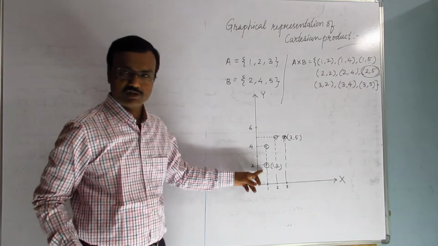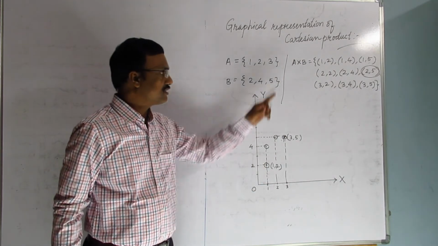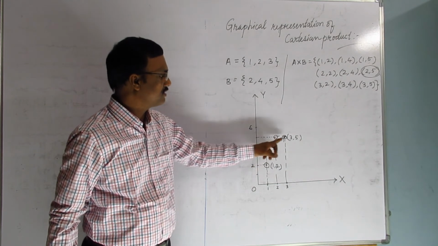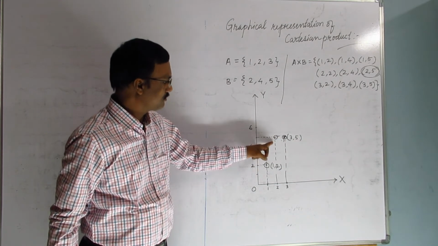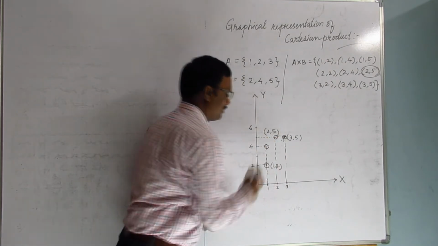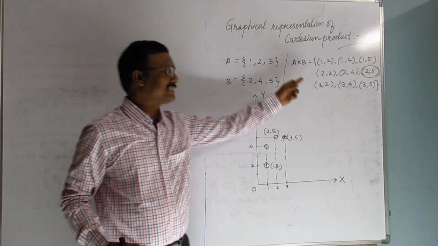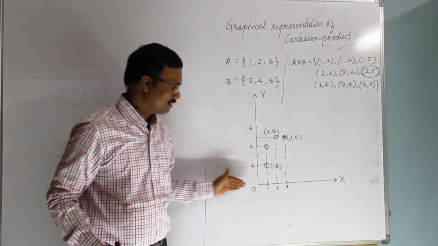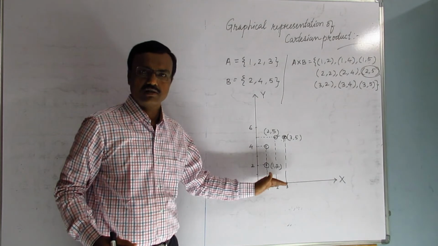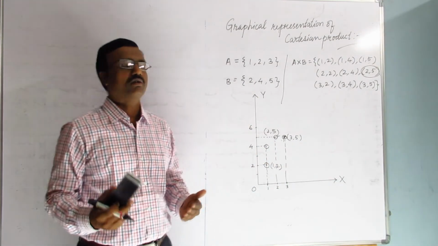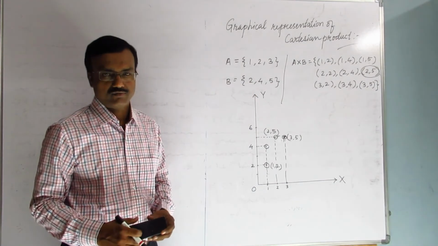So these points correspond to the elements in the Cartesian product. (1, 2) here. This is (2, 4) and this is (3, 5) and this is (2, 5). So the representation of these elements in the Cartesian product, shown along the x-axis and y-axis, or horizontal and vertical axis, is called the graphical representation of Cartesian product. Very simple.